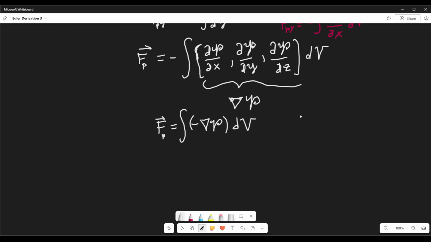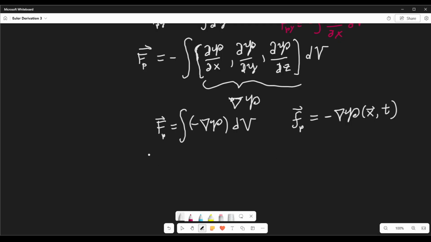And so for the individual, the force of pressure is by definition equal to the negative gradient of the pressure, since this is by definition the force per unit volume. And of course the pressure can depend on space and time.